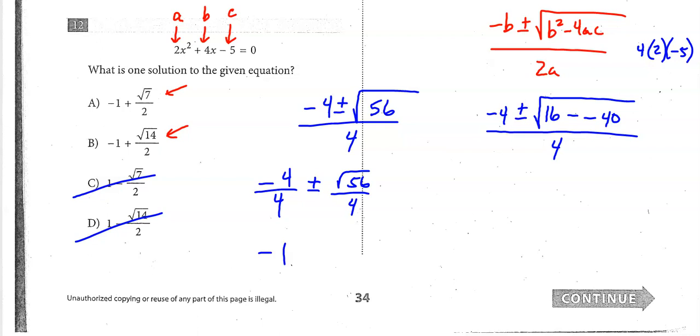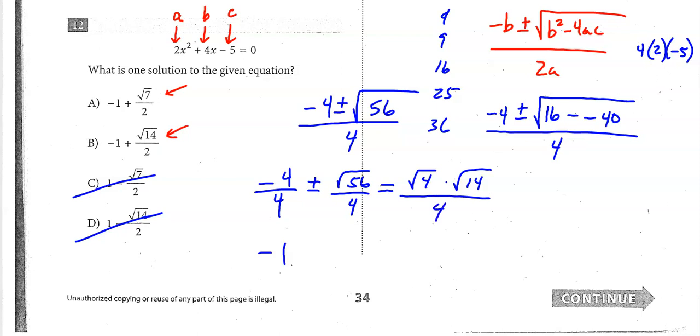So I gotta do a little bit of work here. The square root of 56 can be broken down. If I simplify that radical, I need to find a perfect square in there. So perfect squares are like 4, 9, 16, 5 times 5, 6 times 6. So I think I'm going to do a 4. So the square root of 4 times 14, since 4 goes into 56 14 times, and all of that is over 4.